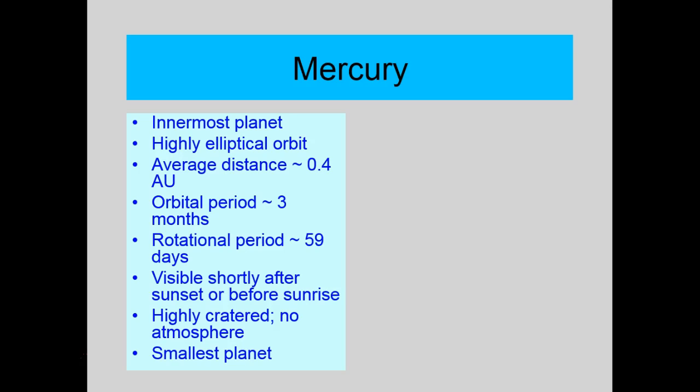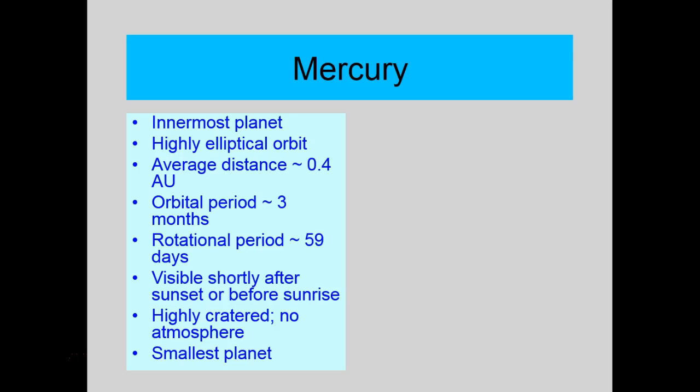That's all you got. Shortly after sunset or shortly before sunrise. When they say shortly, you're probably talking about just a number of minutes. And that's not very long to see a very small planet in the light around dusk. Hard to see. I'm not sure I've ever seen Mercury.